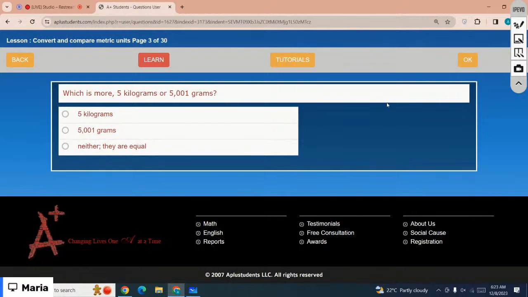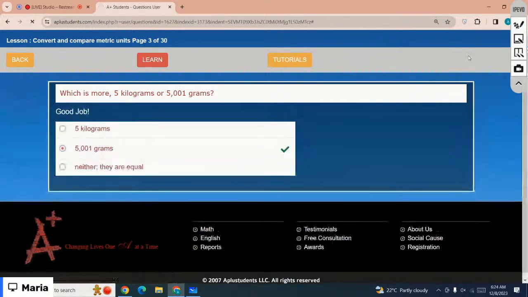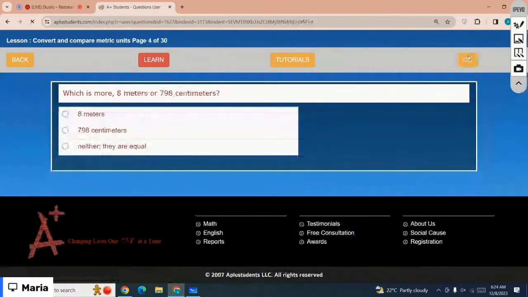So the correct option is 5001 grams is more than 5 kilograms, right? The correct option is 5001 grams. Which is more, 8 meters or 798 centimeters? Which is the correct option?